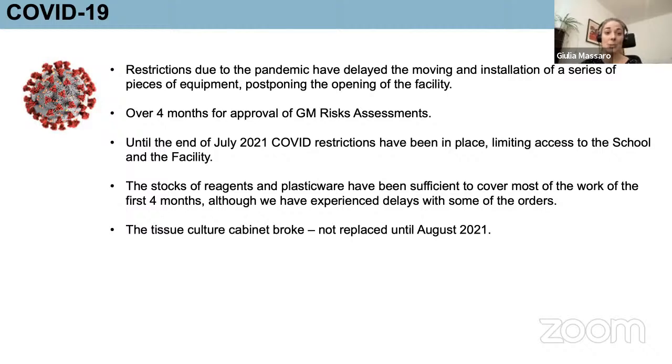Then, until July 2021, the school had quite tough and restricted access to the building and the facility. That meant that only one person could stay in the room because it was quite a small room, so it was single person occupancy.